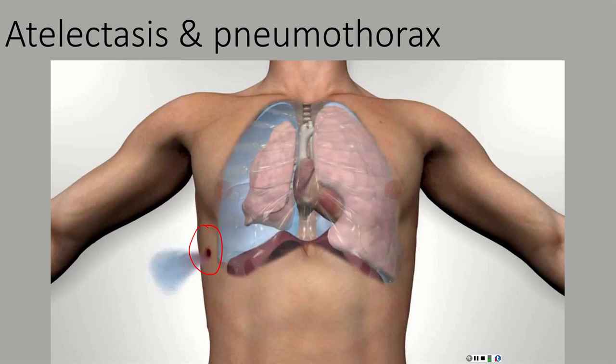So let's think of what this really means. Out here where we see this white, this is the atmosphere. What is atmospheric pressure? 760 mmHg. Inside the lungs, the intrapulmonary pressure, what is that?